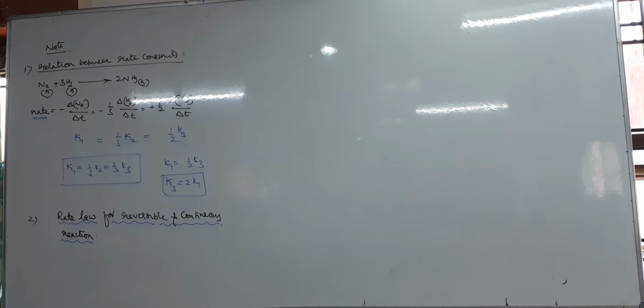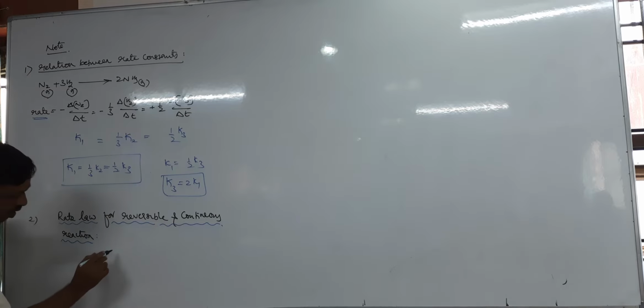So rate law for reversible reactions and rate law for continuous reactions. Now let's see first what a reversible reaction is. A reversible reaction is one in which both forward and backward reactions take place simultaneously.